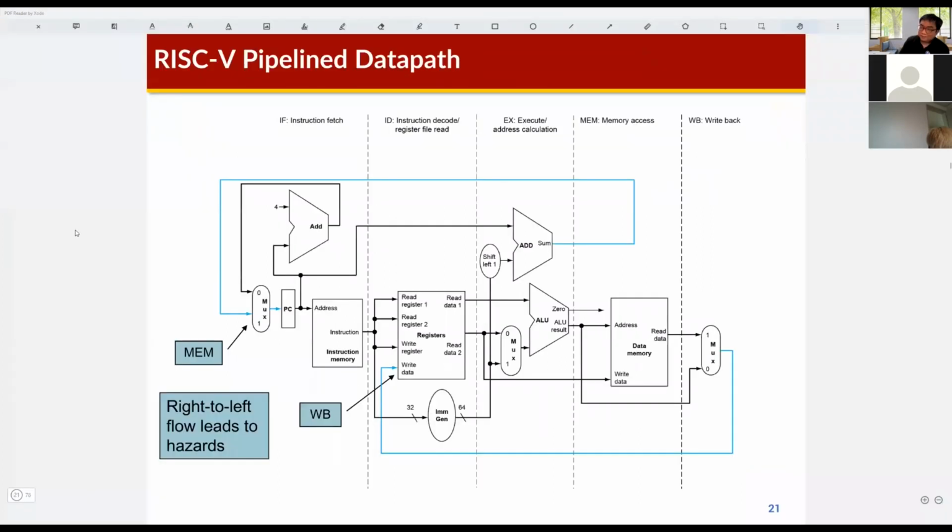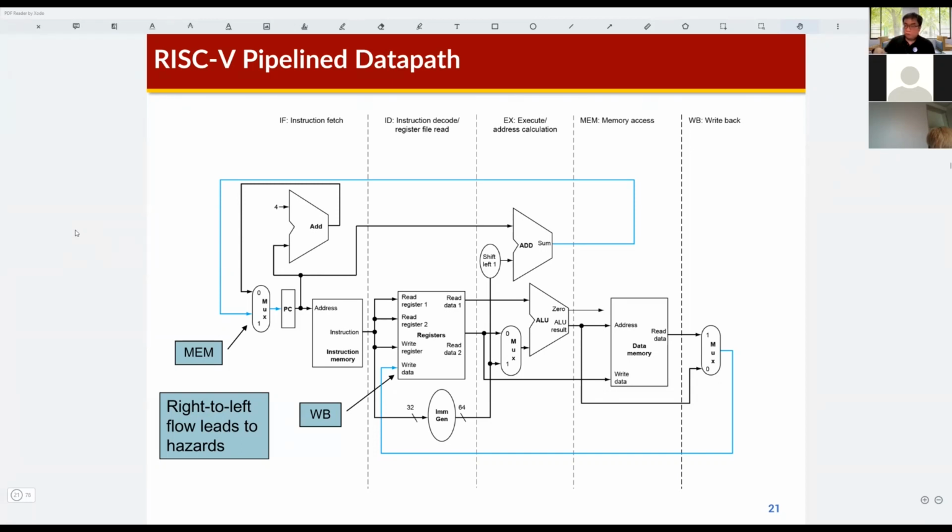Okay. Let's move on to the next topic of today's class. The next topic is how to implement a pipeline processor. We learned how to implement the single cycle processor. Firstly, we learned how to design the data path elements.